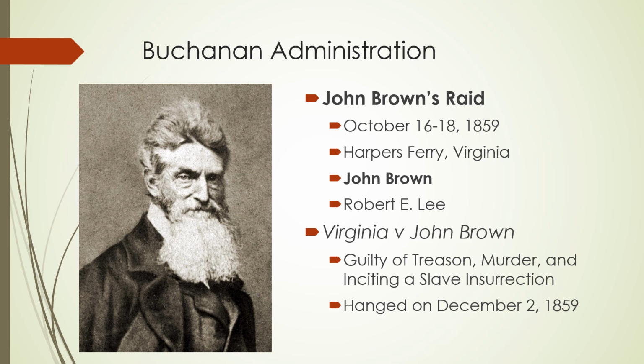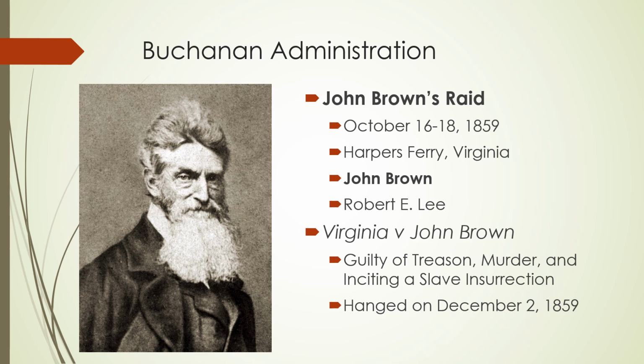And so he comes up with a plan to raid a federal arsenal at Harper's Ferry, Virginia. So a place where the U.S. government has muskets stored for war. He's going to raid that arsenal, and basically they're going to take those muskets and use those to arm slaves, and he's going to lead a slave rebellion. And so that's what he does.